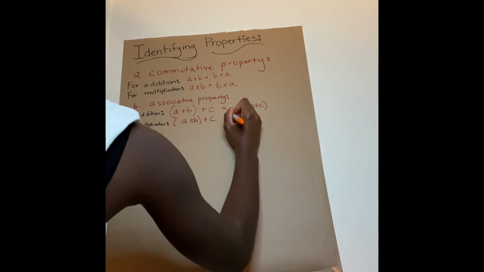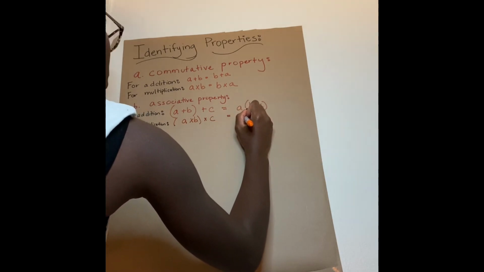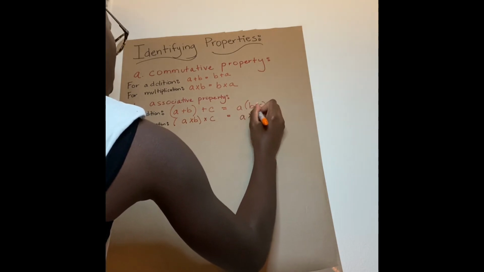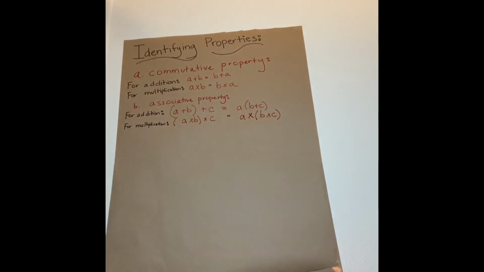And the multiplication, it states that when three or more numbers are multiplied, the product is the same regardless of the way in which the numbers are grouped. So this is the same as the addition, but only with the multiplication sign.